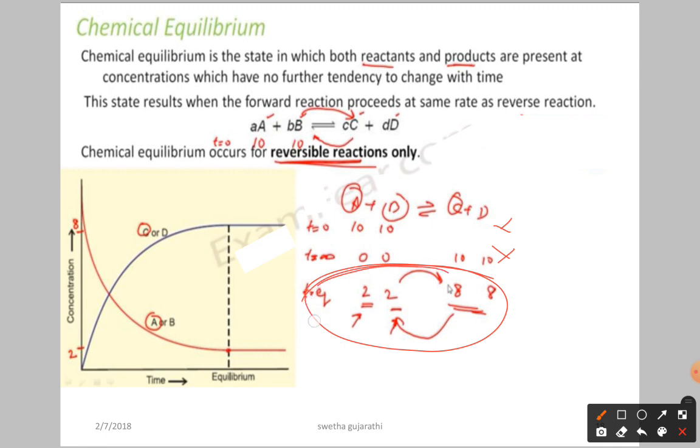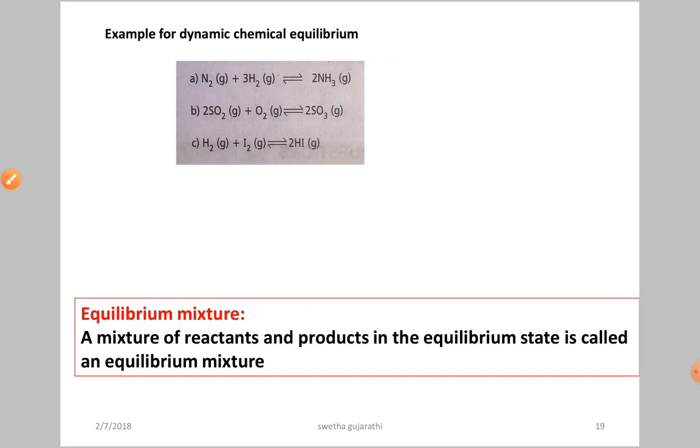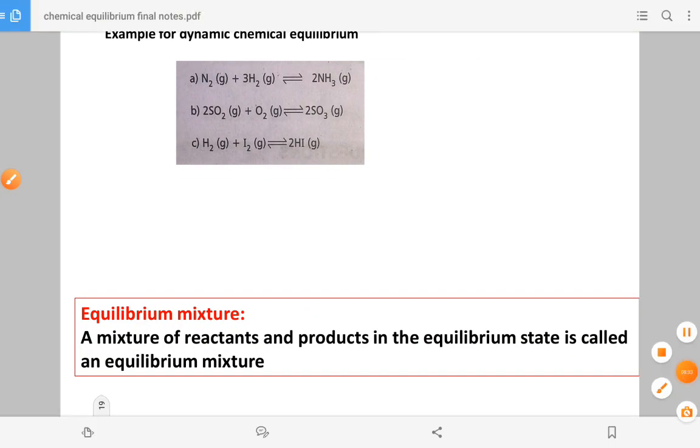What is present in the equilibrium mixture? We have both reactant and product. So I think you understood very well the definition of equilibrium mixture: reactants and products both should be present at equilibrium.